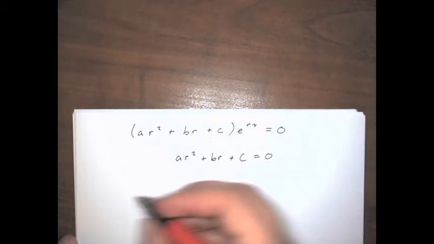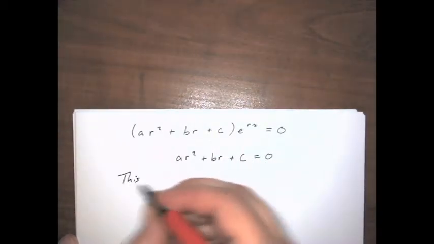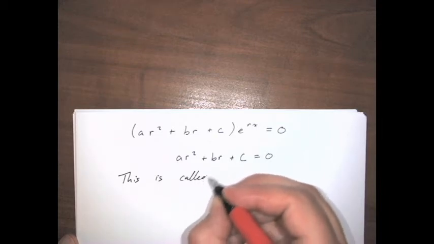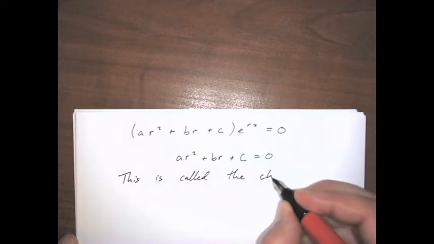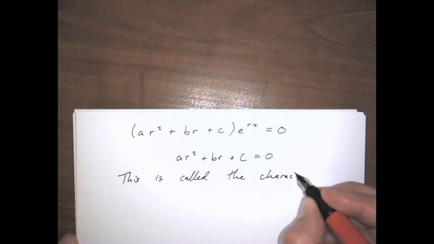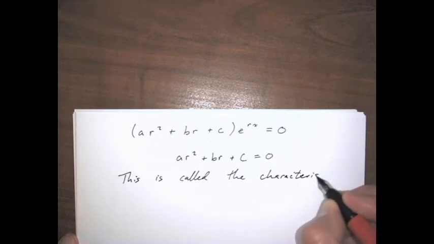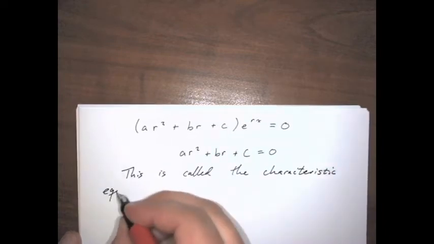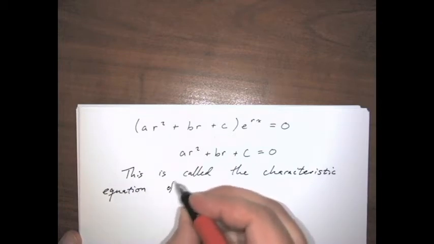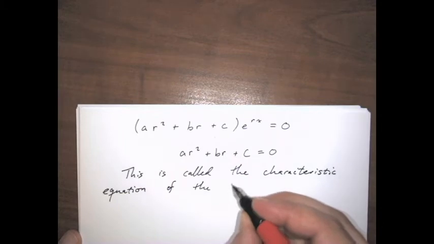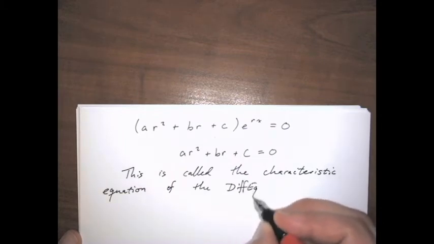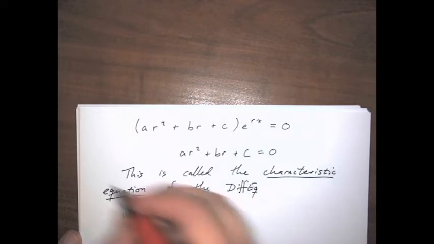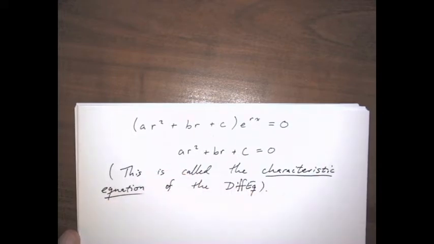So this is called the characteristic equation of the differential equation, and the nature of its solutions will tell us the nature of the solutions to the original differential equation. So there are three possibilities.